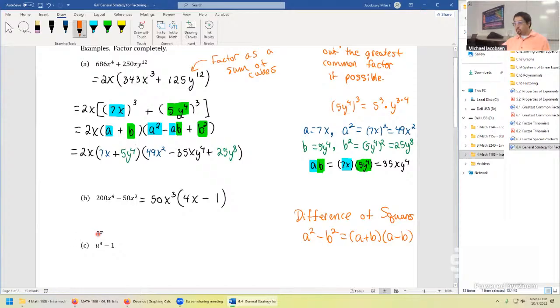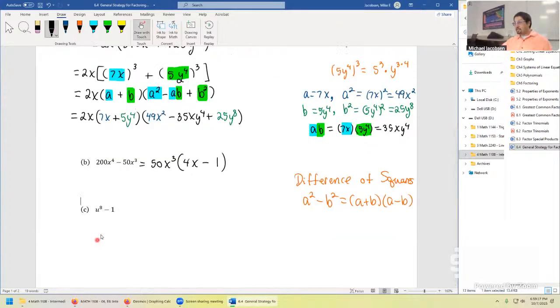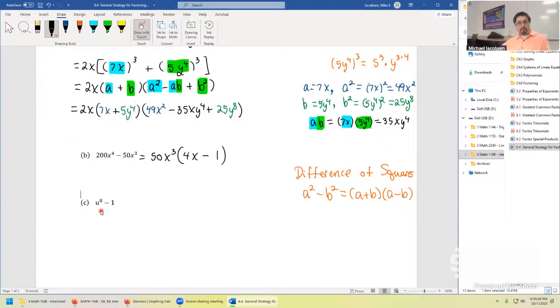And that actually works on this one because u to the power of 8, well, that's just u to the power of 4 times u to the power of 4. It is a perfect square. So we can rewrite this as, thinking in terms of trial and error, u to the power of 4, alternate the signs to plus and a minus, and the 1 is also a perfect square. 1 equals 1 times 1.